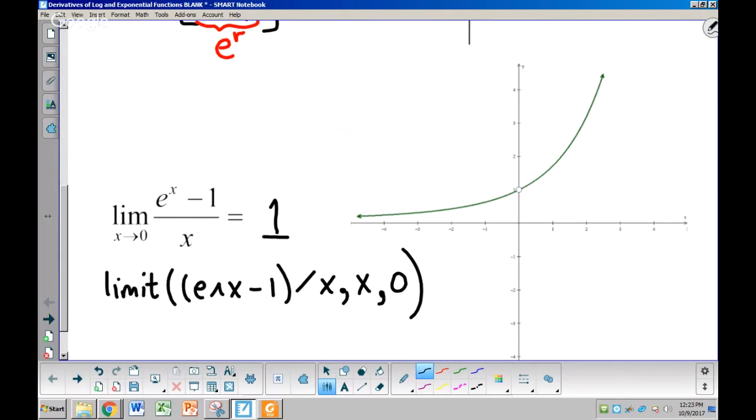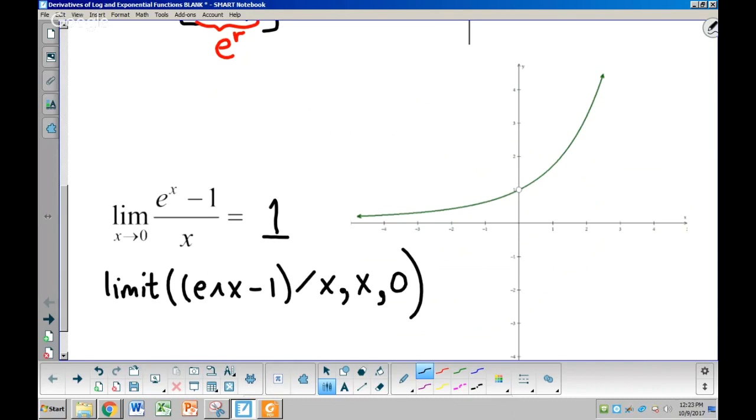And then for your benefit here, what did I do? I actually put a sketch of this function, e to the x minus 1 over x, here to the right. And you can see that as x gets closer and closer to 0, y gets closer and closer to 1. Now, ordinarily, when we have a denominator, what do we expect when x is 0?